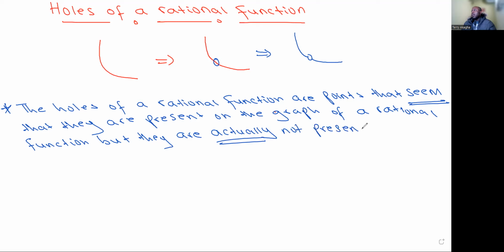So when we talk about the holes of a rational function, these are points that seem to be present, but they are not present on the graph.